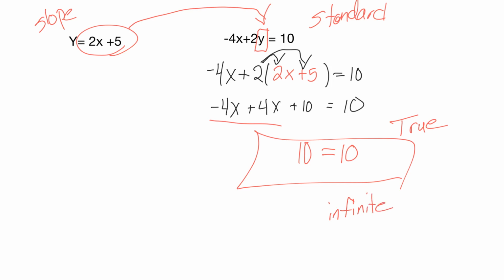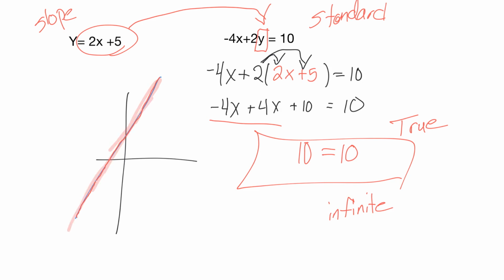On a graph where I'm trying to find the point where they cross, what actually happened is I had one line and the other line is exactly the same. So there isn't a single point of intersection. They're intersecting every single place along this line.